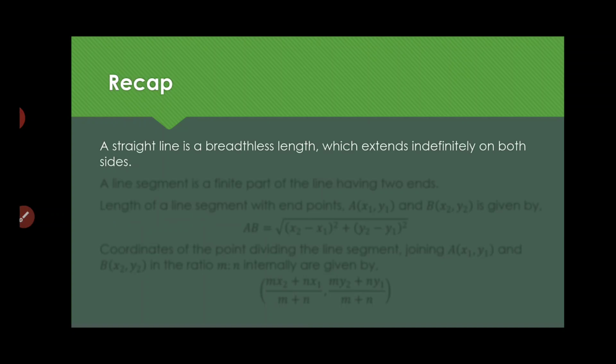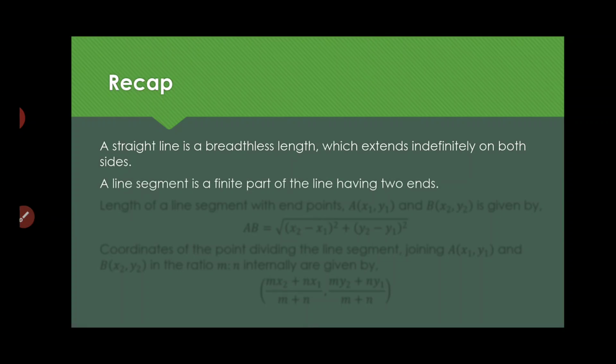Now, a line segment is a part of it, a finite part of the straight line, and it has two ends. So it starts somewhere and it ends somewhere. Whenever we work with real world problems, generally we take up the line segment and then we extend it to a line.